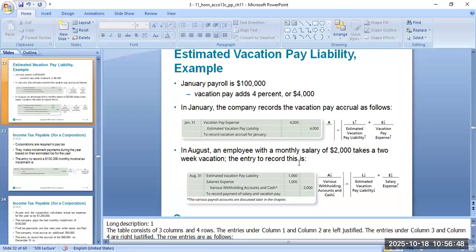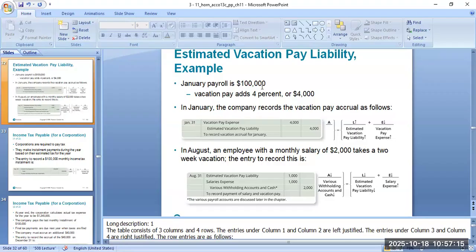The entry to record that one will be: cash will be 2,000. We're going to pay the employee 2,000 plus deductions and everything else. We're going to take 1,000 from the vacation liability since the employee is using the vacation, and the rest is going to go to salary expense.